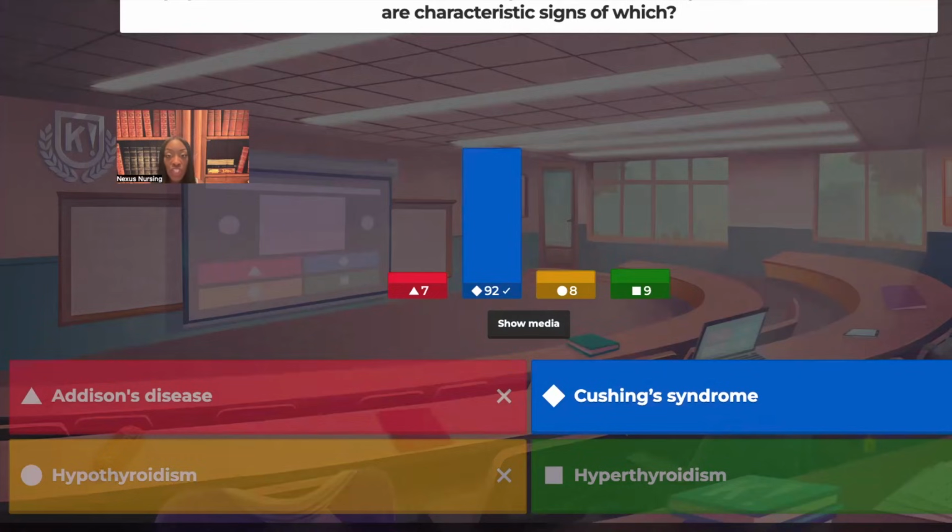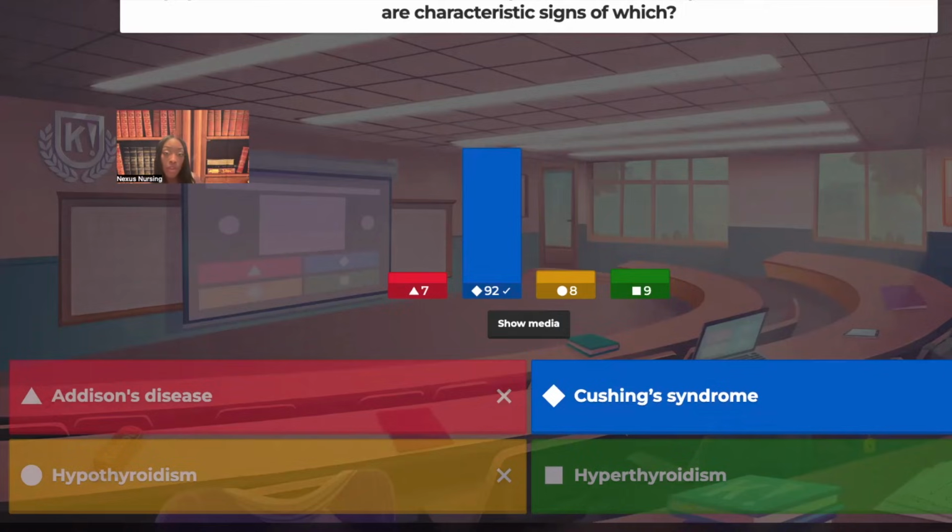Very good. Cushing's. This is where the patient has been exposed to prolonged excessive levels of cortisol, right? So the patient is going to have that moon face, that buffalo hump, the central obesity, and other characteristic symptoms: the purple striae, easy bruising, thin skin, gynecomastia.